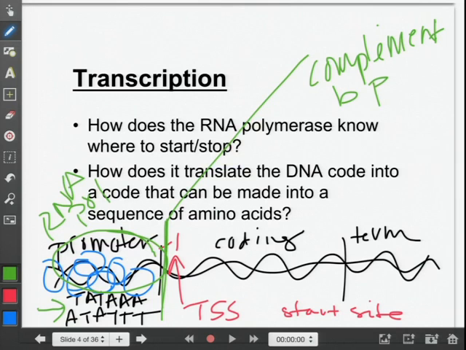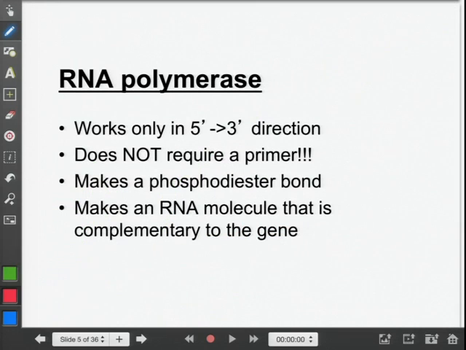And so then the coding region is where we'd actually do the complementary base pairing off of one of the strands. Not both, because RNA is only single-stranded, so we only need one of those strands. Again, we're calling this a polymerase, so he obeys the rules of polymerases where they only add to 3' ends.